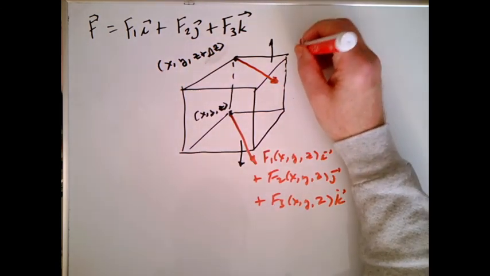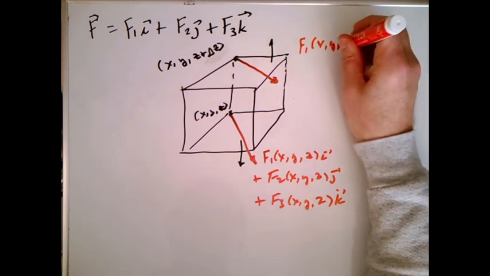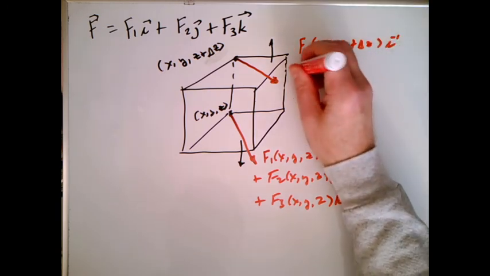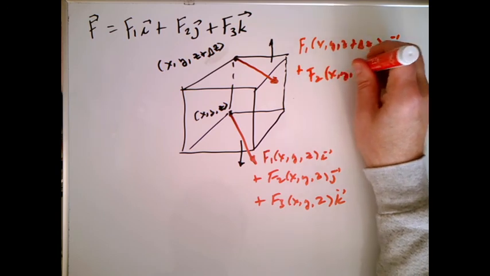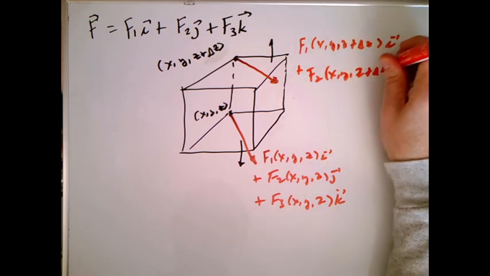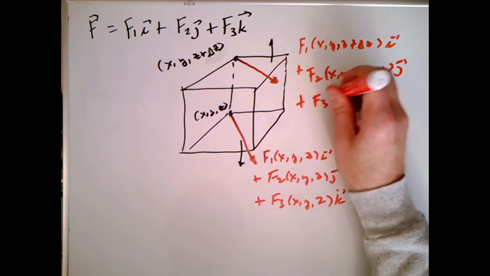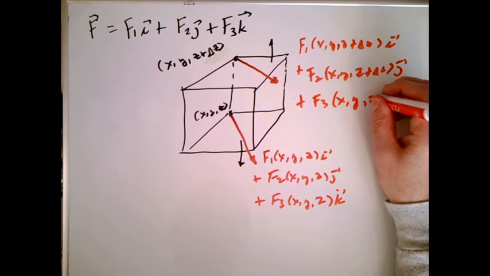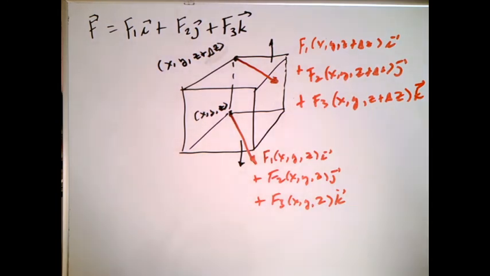That's going to be the vector f1(x, y, z plus delta z) i plus f2(x, y, z plus delta z) j plus f3(x, y, z plus delta z) k. Like that. Now remember, what we're trying to do is calculate flux.